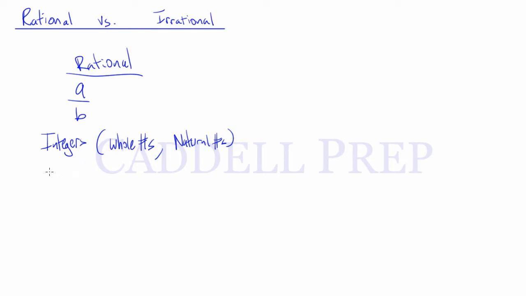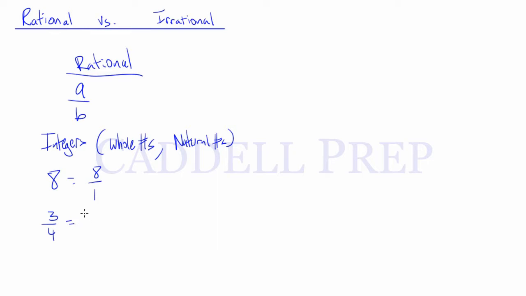If you have the number 8, for example, the question is, how could this be written as a over b? Well, any integer can be written as that number over 1. So 8 is 8 over 1. But for example, 3/4, this cannot be written as a single integer, but this is rational. So all fractions are rational.